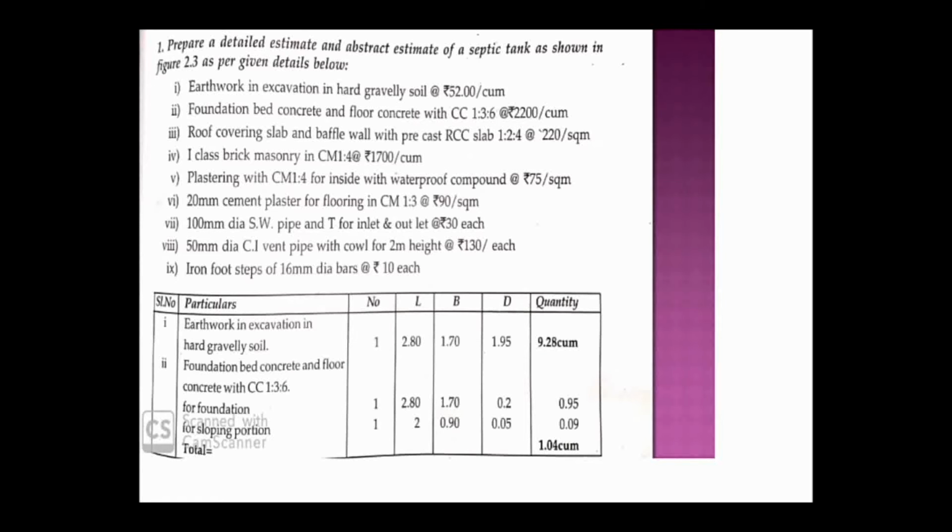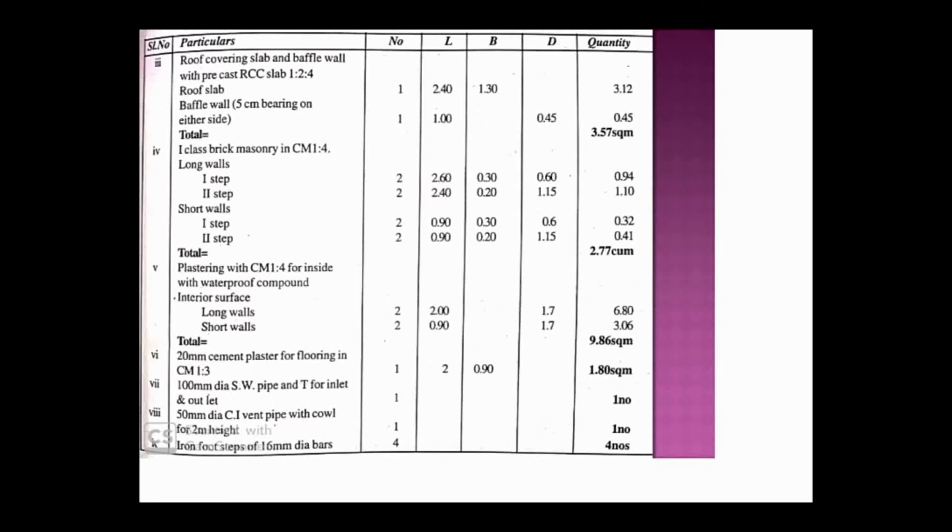That means we always have to consider the quantity in square meter. We are going to calculate the roof covering slab and baffle wall in square meter. So for that we have to consider the roof slab separately and the baffle wall separately.